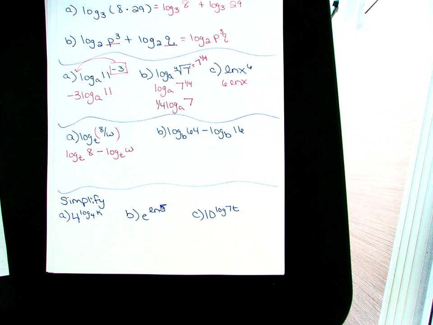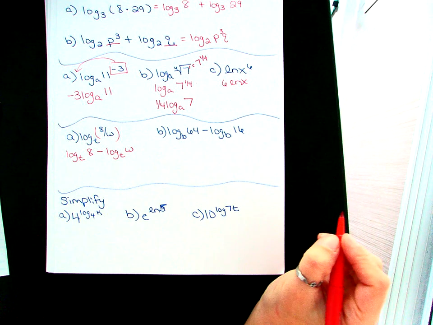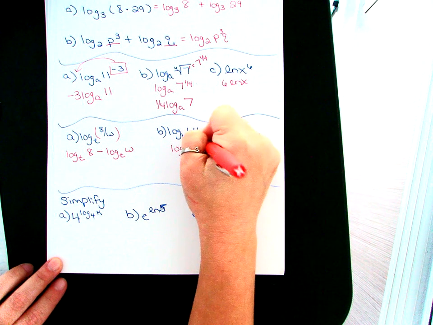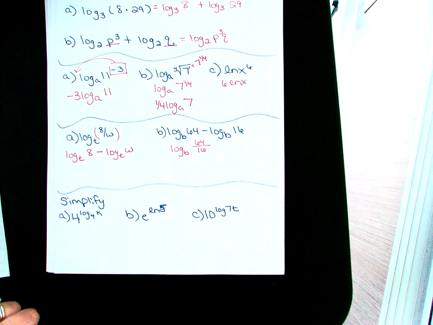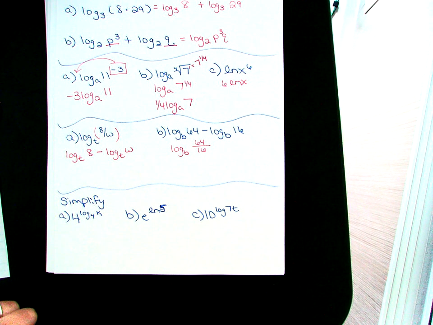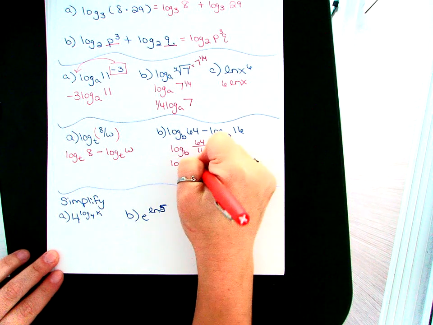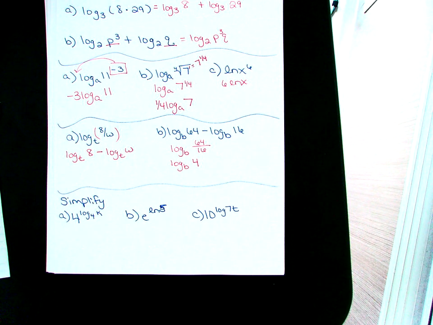What about B when we condense? Is that simplified? No. 64 is divisible by 16, so we would want to simplify it.